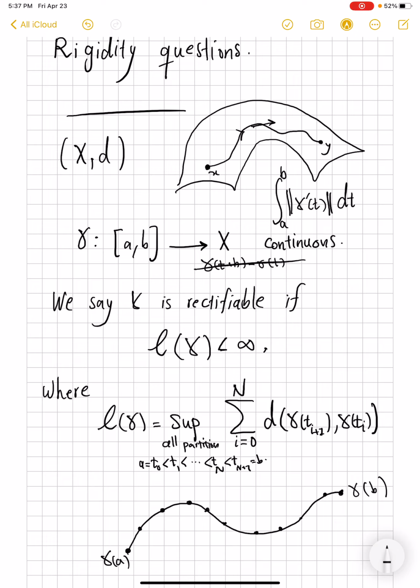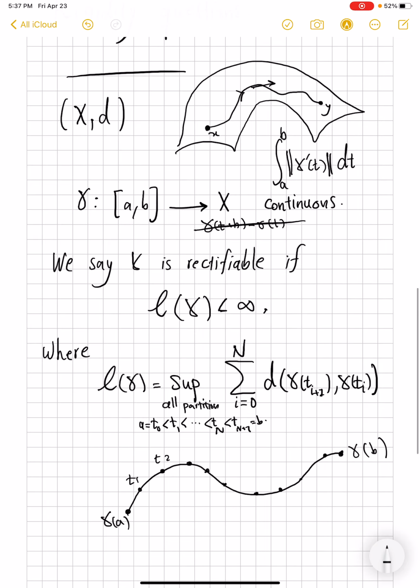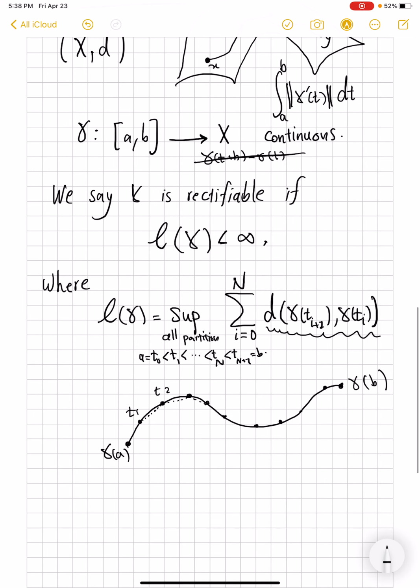So this is your object at time t1, this is your object at t2, and then you add the lengths of these line segments, because in Euclidean space the distance from one point to the next is exactly this distance. Now you're adding all these distances, then you take the supremum over all partitions, and so you add more and more of these finite points, you get a finer and finer mesh.